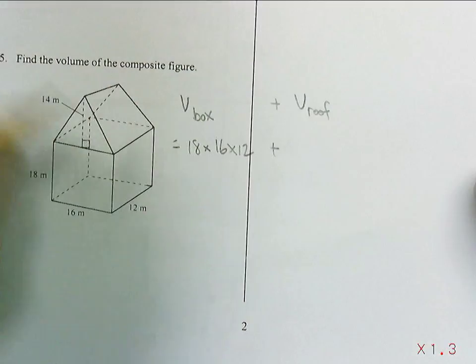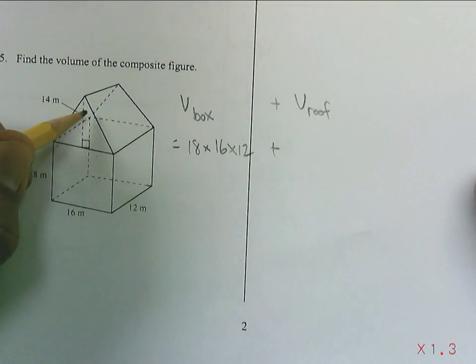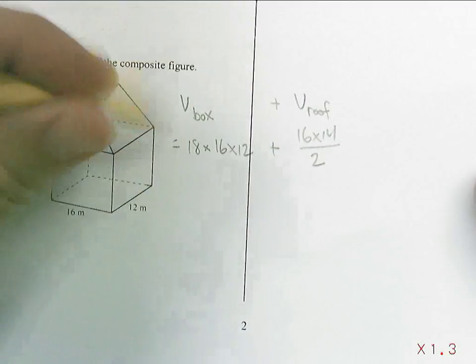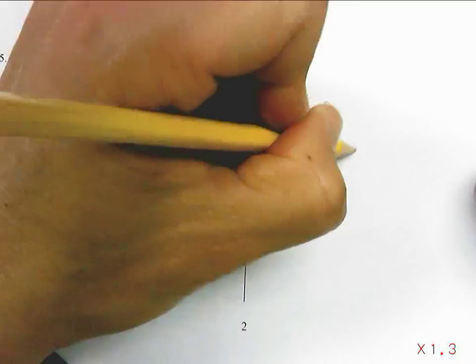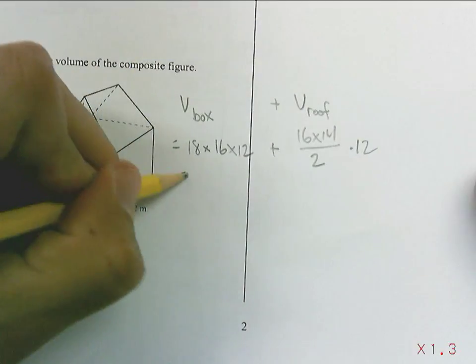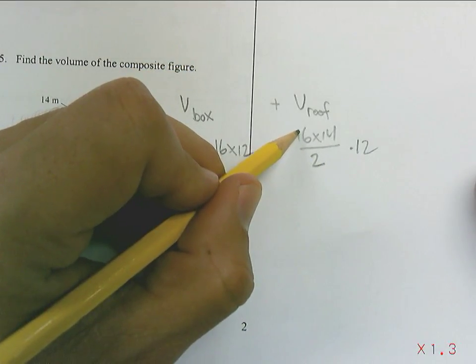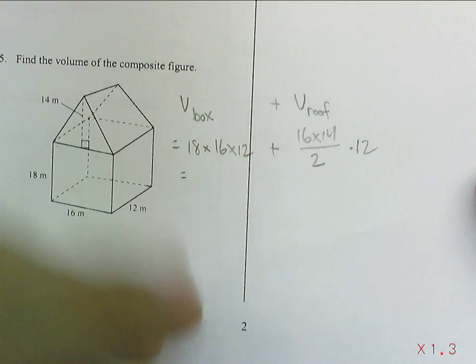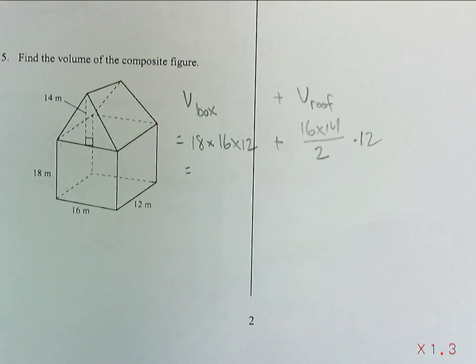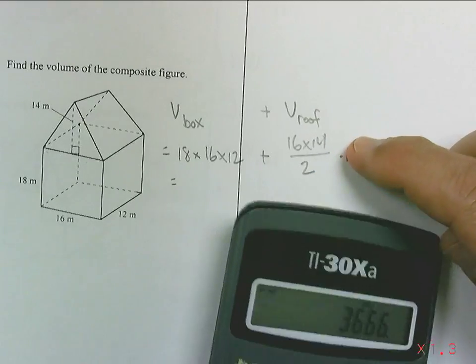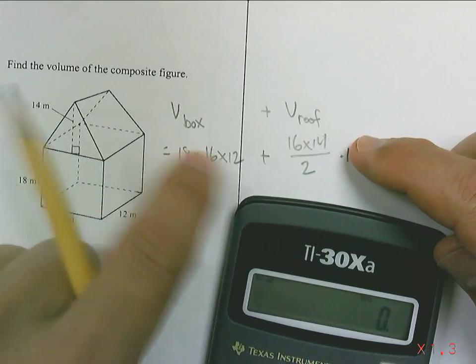Plus the volume of the roof is the base times height divided by 2, which is 16 times 14 divided by 2 times the length of this, which is 12. I know that this is, oh boy, that's 8 times 14. I don't know what that is. Oh well. I was going to try to do some mental math on this part, but I don't know what it'll be.